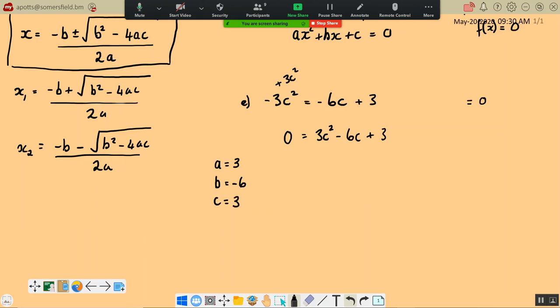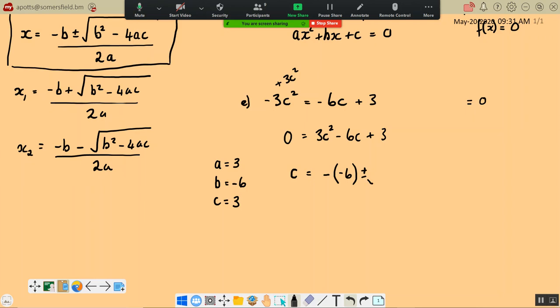So I write my formula out. I've got it up here. So in this case, it's not x equals, it's c equals. I'm going to do minus b, so that would be minus minus 6. Oh, yeah. I put it all in, guys. Before I start simplifying, I write it all down because that's the only way I can follow through any mistakes.